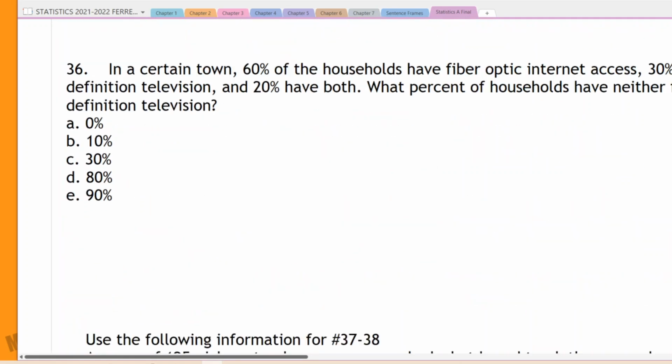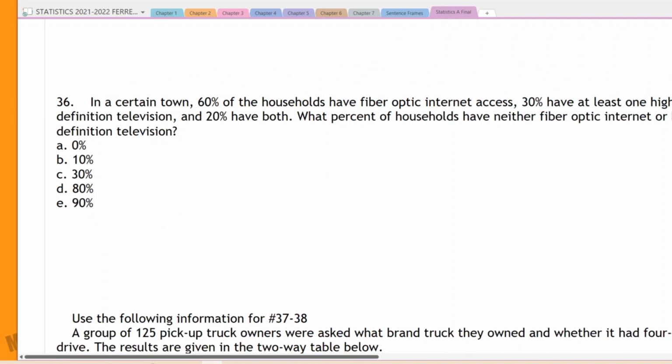Number 36. In a certain town, 60% of the households have fiber optic internet access, 30% have at least one high-definition television, and 20% have both. What percentage of households have neither fiber optic nor high-definition television?